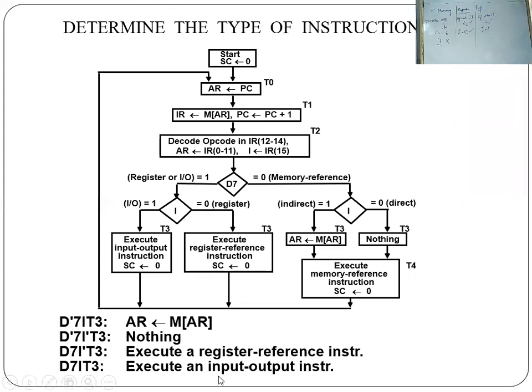So on the left hand side, when the value of I is equal to 0, execute the register reference instruction and clear SC to 0 so that the next instruction will be executed. Similarly, when I is equal to 1, execute the input output instruction. SC is going to be 0 so that the next instruction will be executed and you will get the T4 signal.